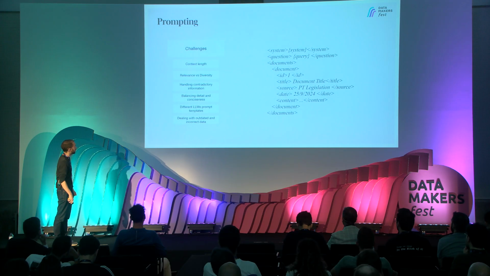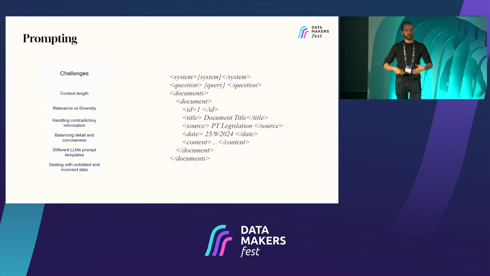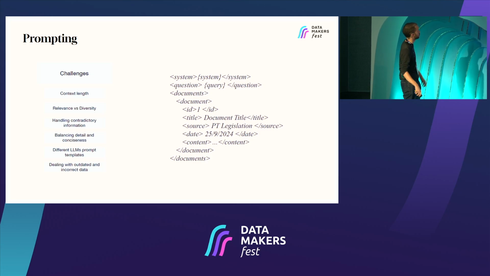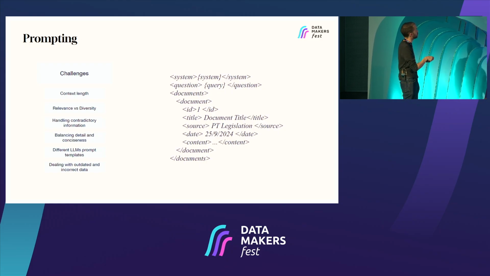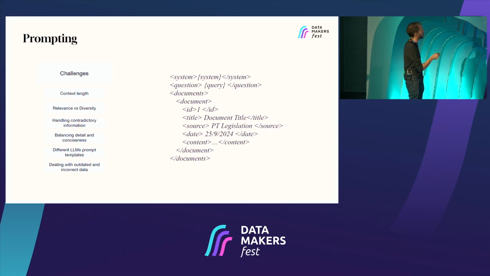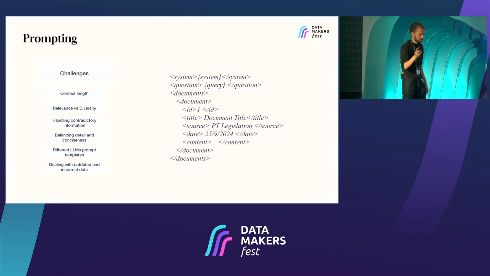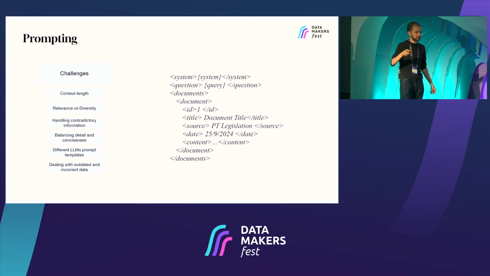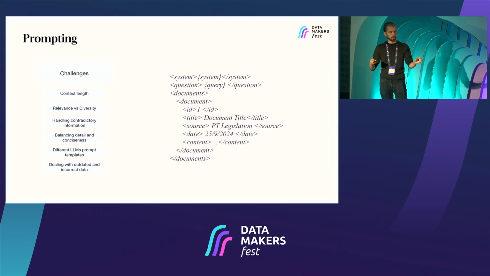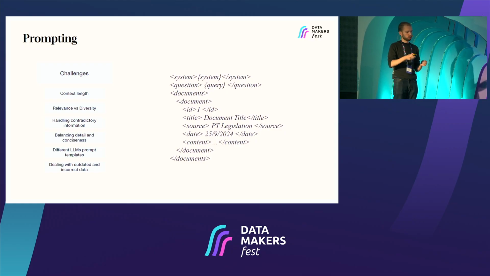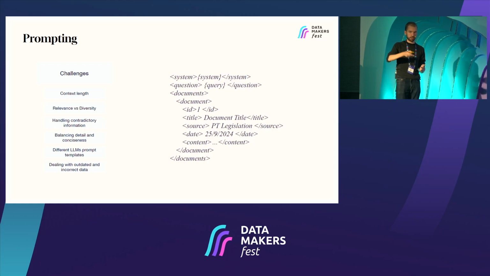Now, of course, we are talking about RAG, so we talked about search and retrieval. Let me talk a little bit about generation. This is something that the new generation of LLMs also tries to tackle. Since the release of ChatGPT, the context length has increased so much. We don't have the issue, or at least it's minimized, of the needle in the haystack. So basically, you don't really care about the order of the documents that you pass to the prompt.